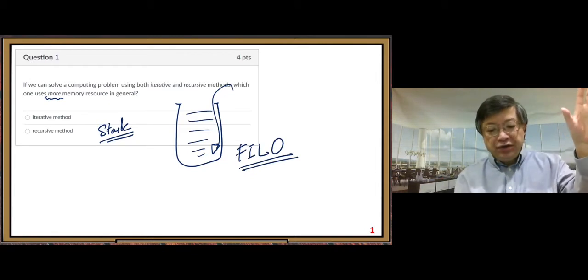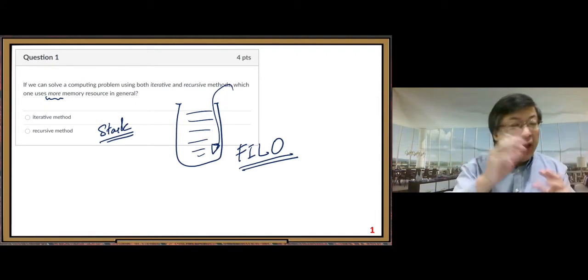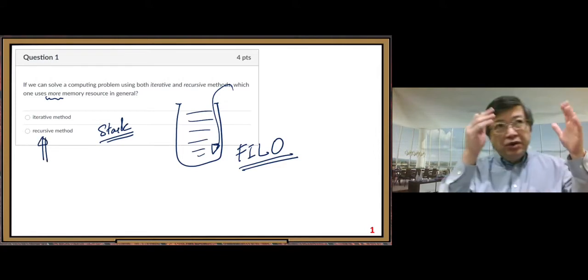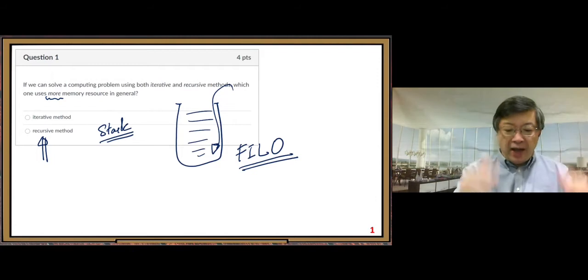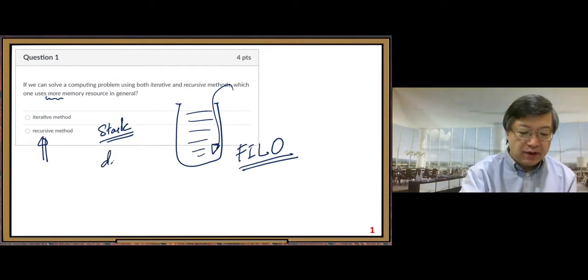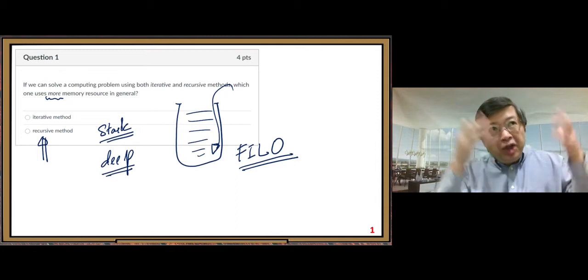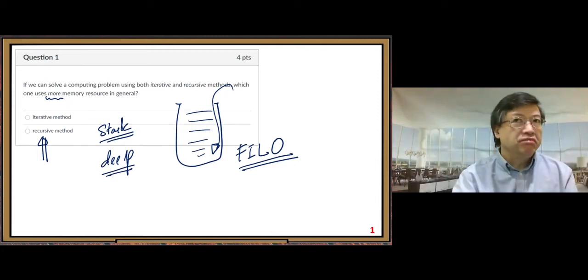A stack uses a lot of memory resource. And if you need to implement the recursion, you may need to use a very deep stack. The deeper the stack, the more memory resource is used.